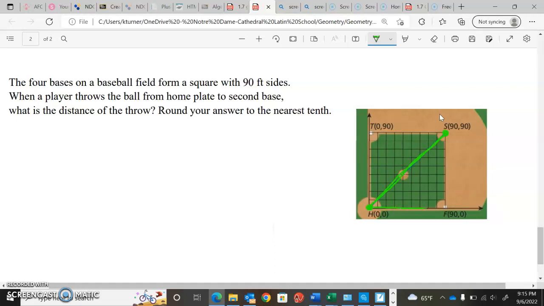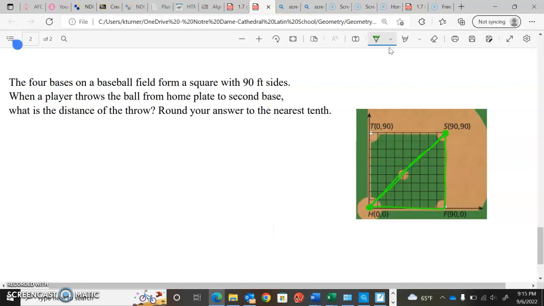And notice we can make a right triangle going from home plate to first to second. And because these units are horizontal and vertical, we can just count the units, but notice it's not going by ones.